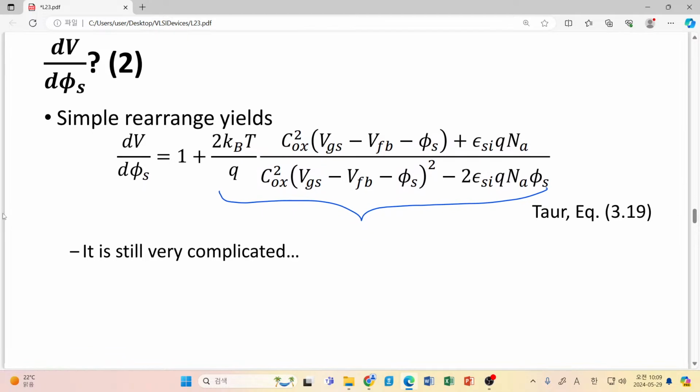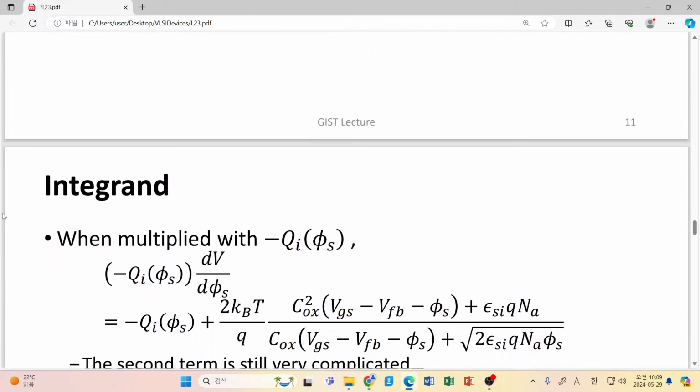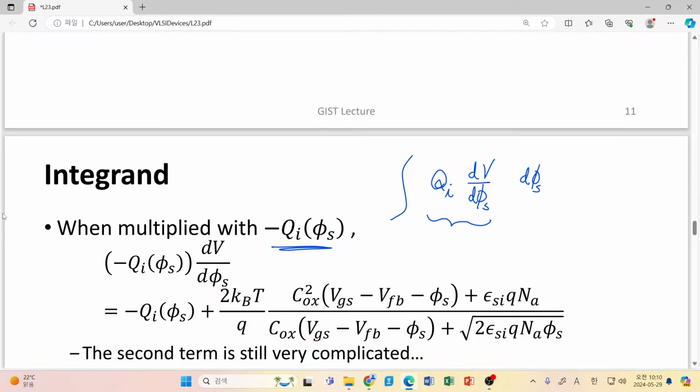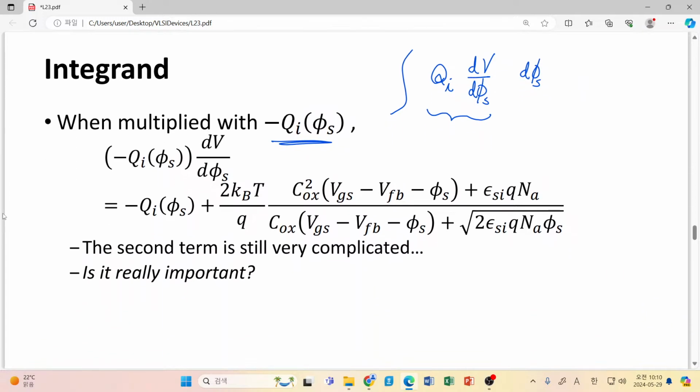But when we multiply by our minus q term, because in order to calculate our current, actually we have to calculate this one, dv over d phi s, and it's a phi s integration. So we just evaluate this quantity, and this quantity gives us a much simpler expression.